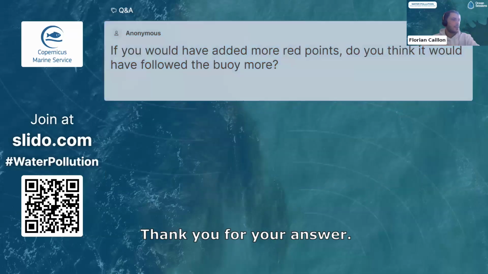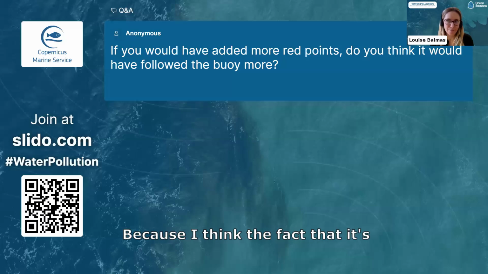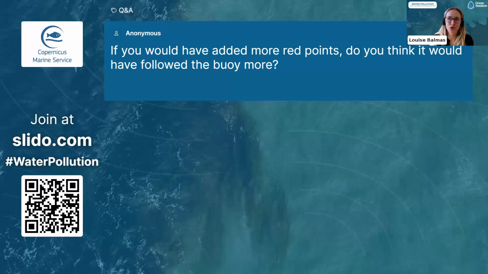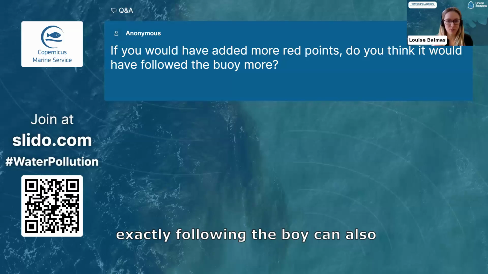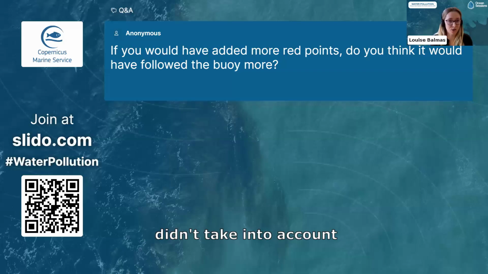And for the last question, in terms of resolution, if you would have added more red points, do you think it would have followed the buoy more? Honestly, I don't know, because I think the fact that it's not exactly following the buoy could be due to other effects that we didn't take into account.